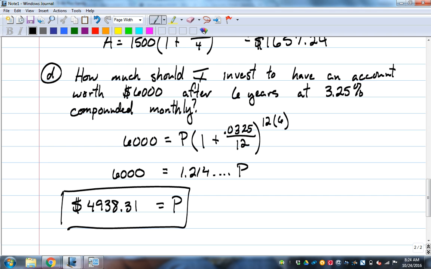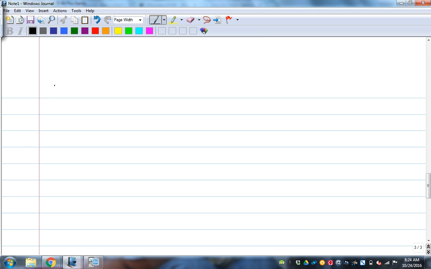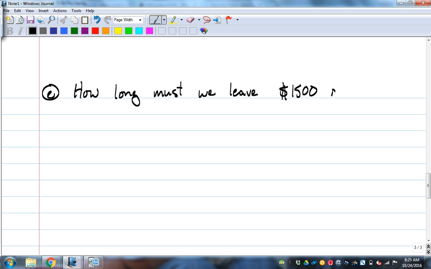Let's look at what if we need to know how long we need to leave something there. The other situation that can happen here is how long must we leave $1,500? That's a more realistic number in an account.